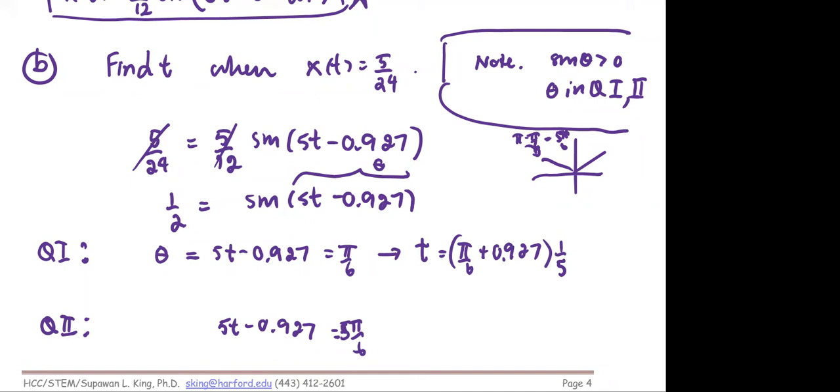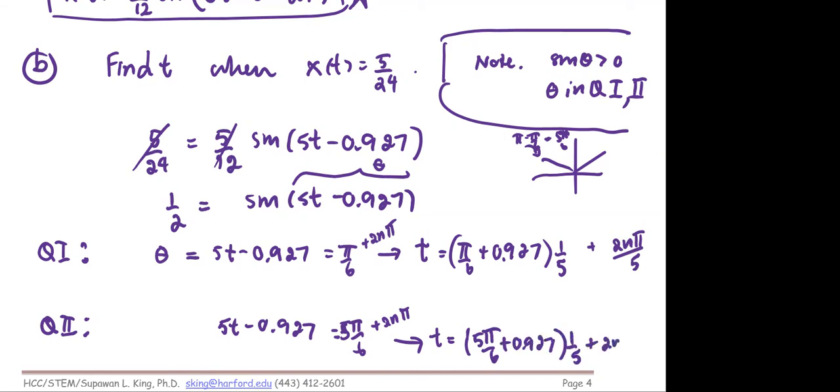So this is pi over 6 plus 2n pi, and this is plus 2n pi divided by 5. And the second one is t equals, in a similar way, 5 pi over 6 plus 0.927 times 1 over 5, and then plus 2n pi divided by 5.